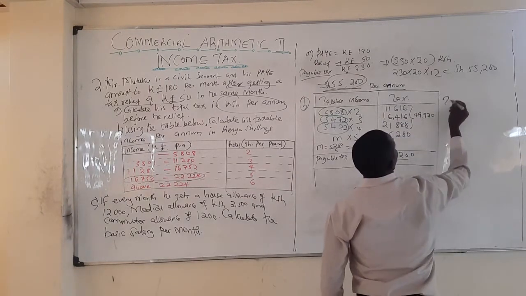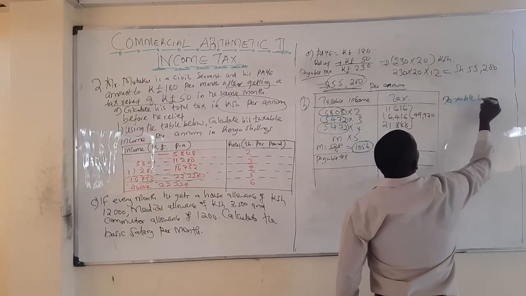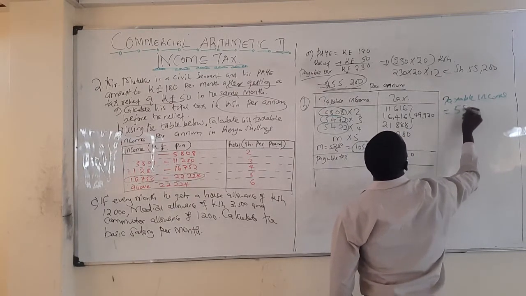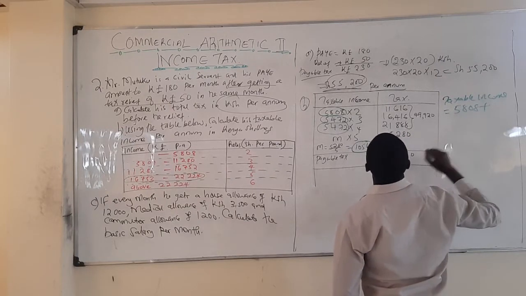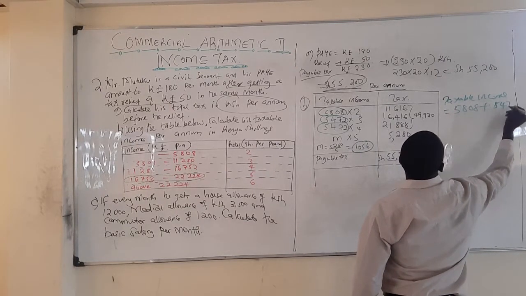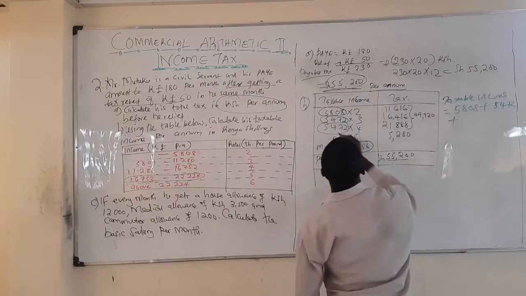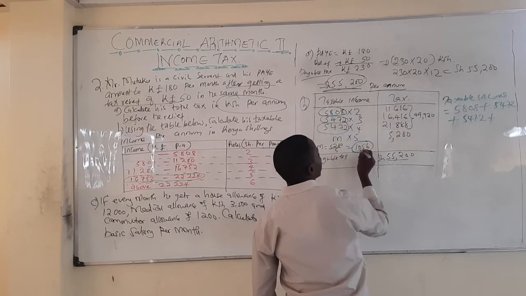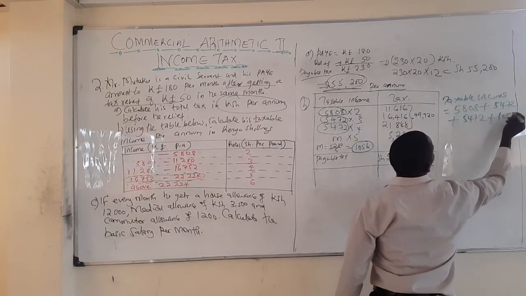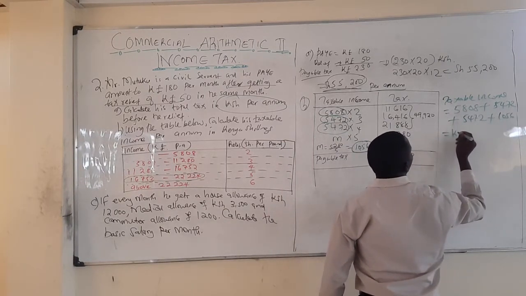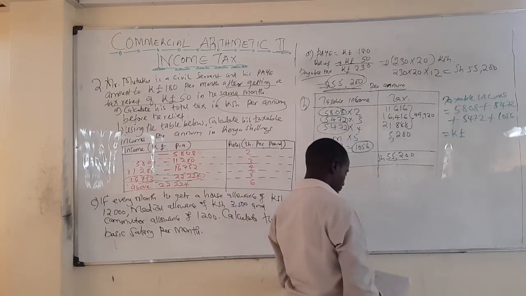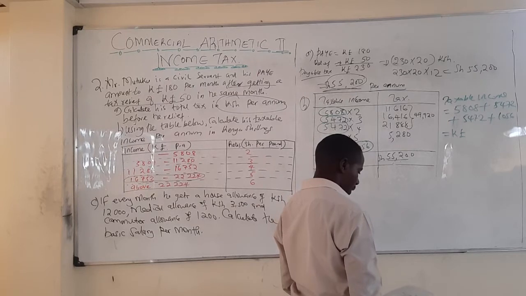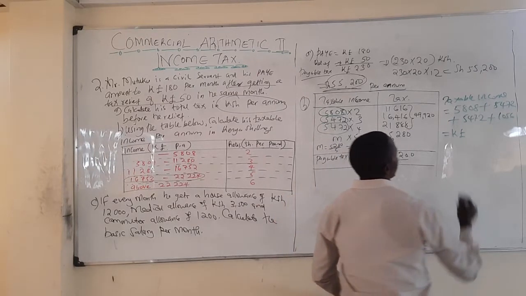So taxable income will be 5,808, we add 5,472, we add 5,472, and then we add 1,056. This is going to be in Kenya pounds. The total of that one is going to be 17,808.